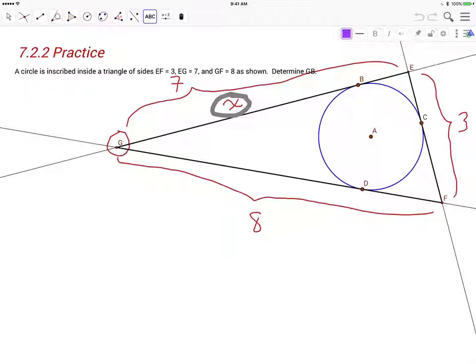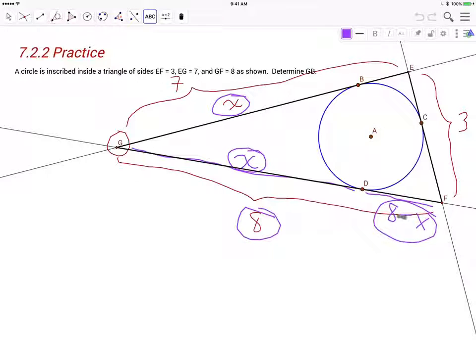If this is X, that means that GD must also be X. And if we follow this idea around the circle and around the triangle, we simply use algebra to label some of these segments. So if this is X and this is 8, this little piece in here must be 8 minus X.